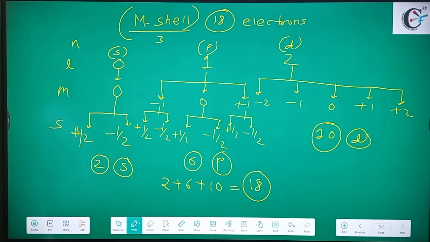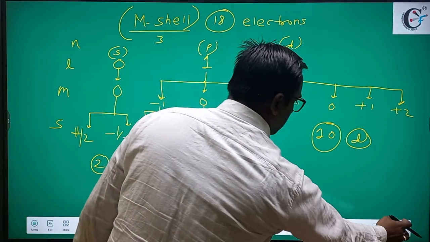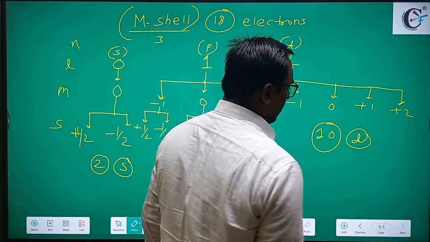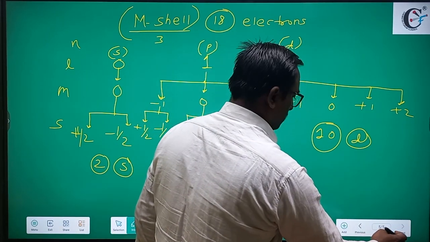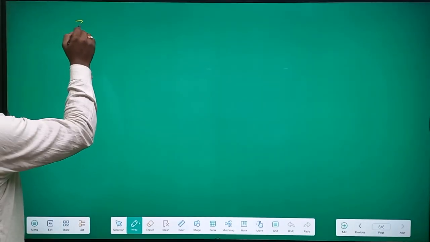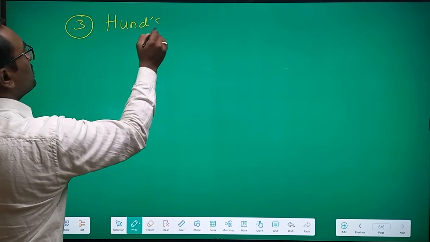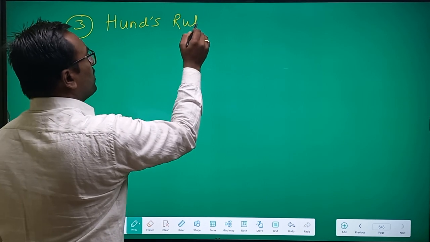Now another rule for writing electronic configuration, that is Hund's rule of maximum multiplicity. Third rule, Hund's rule of maximum multiplicity.